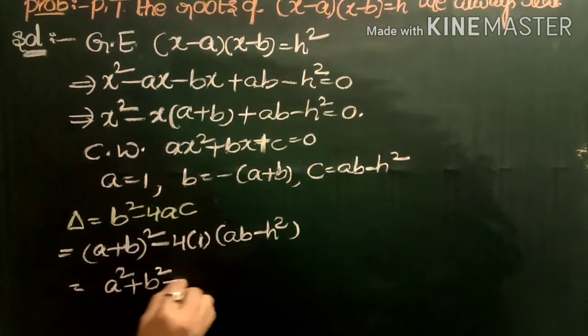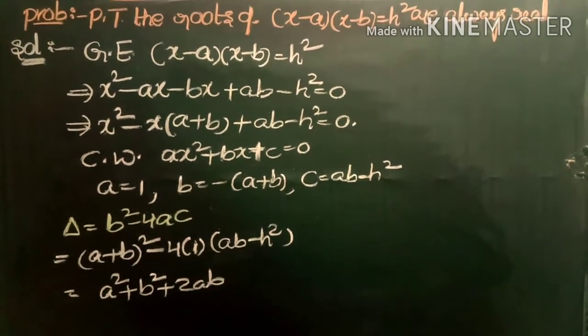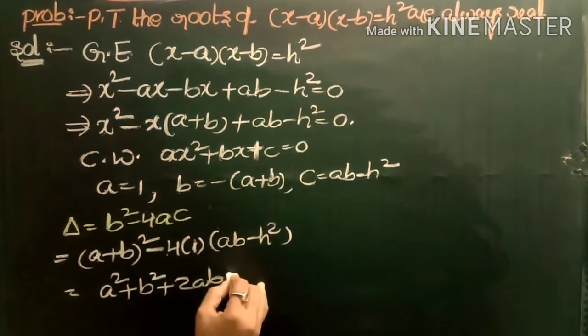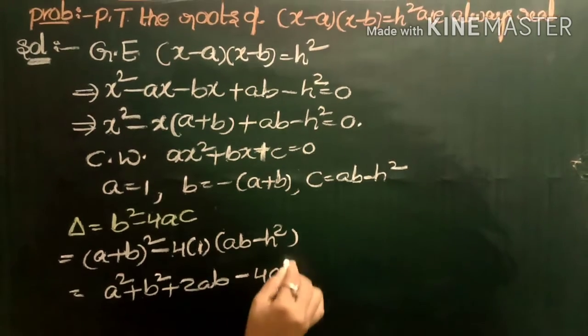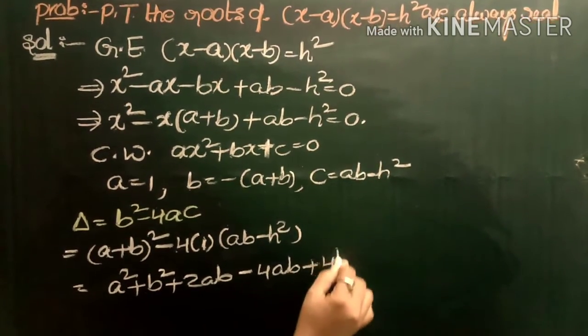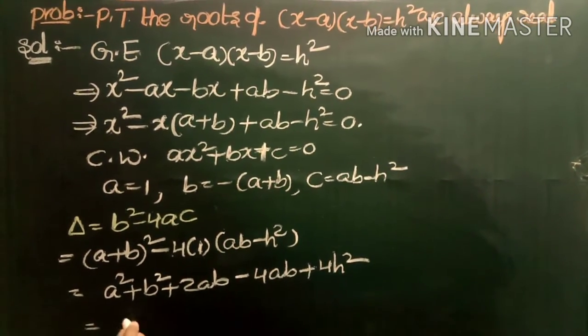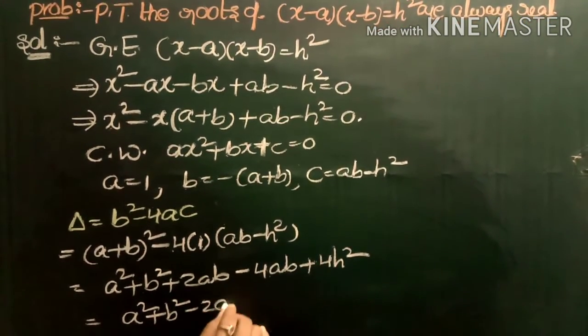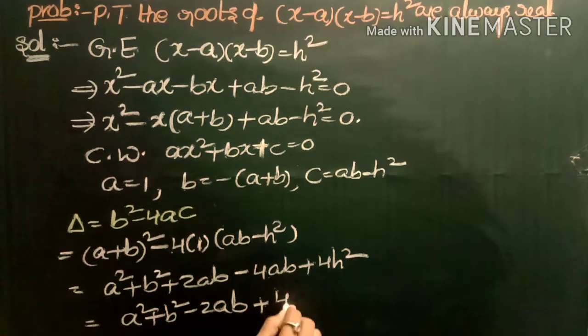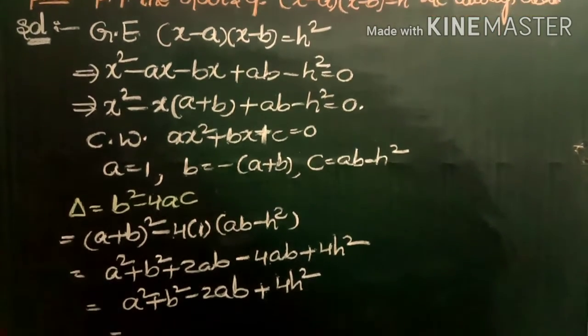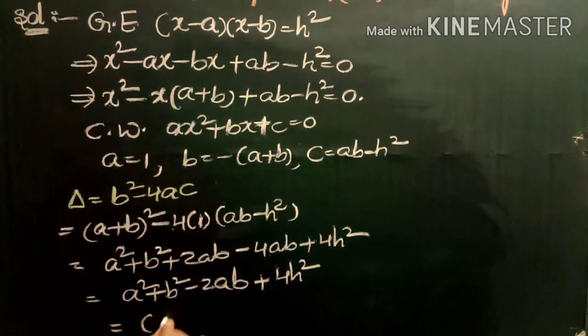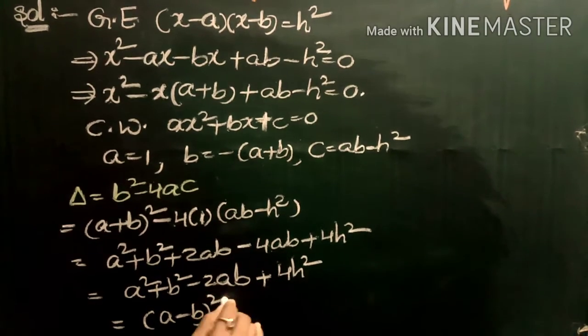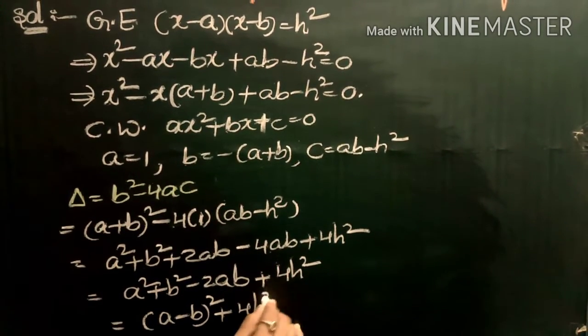Taking the expansion, a square plus b square plus 2ab minus 4 into these two values. Taking the product, minus 4ab plus 4 into h square, and this is equal to a square plus b square plus 2ab minus 4ab, that is minus 2ab, plus 4h square. Now a square plus b square minus 2ab gives the value (a minus b) whole square plus 4h square.